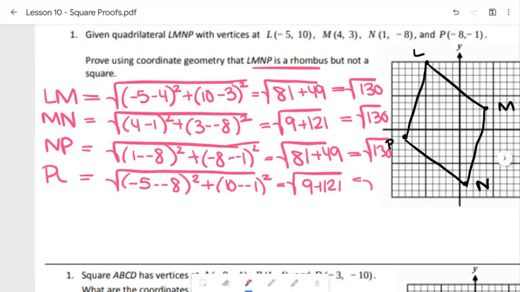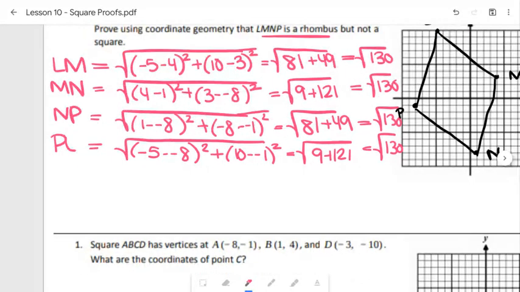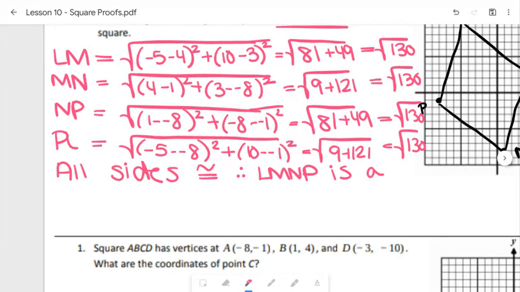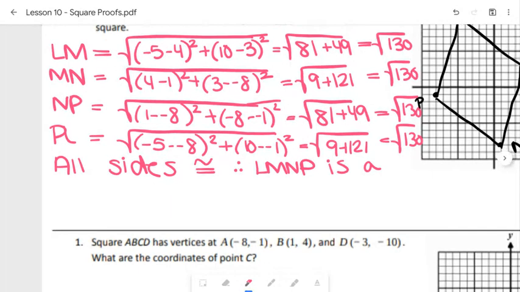And we get 130. So right off the bat, the first thing I'm focusing on here is talking about that rhombus. So I can say all sides congruent. I show that with the distance formula. Therefore, LMNP is a rhombus.